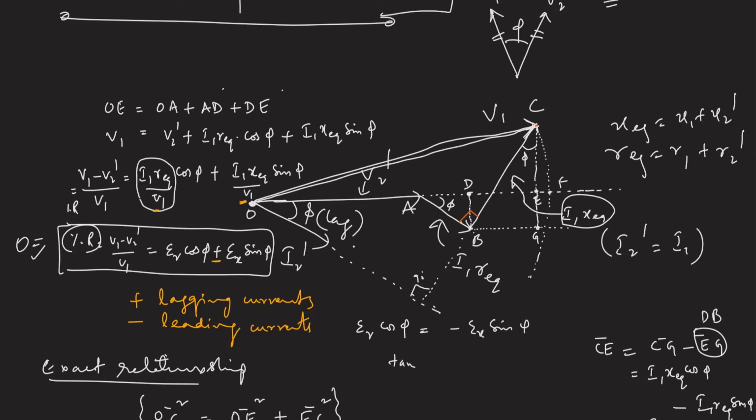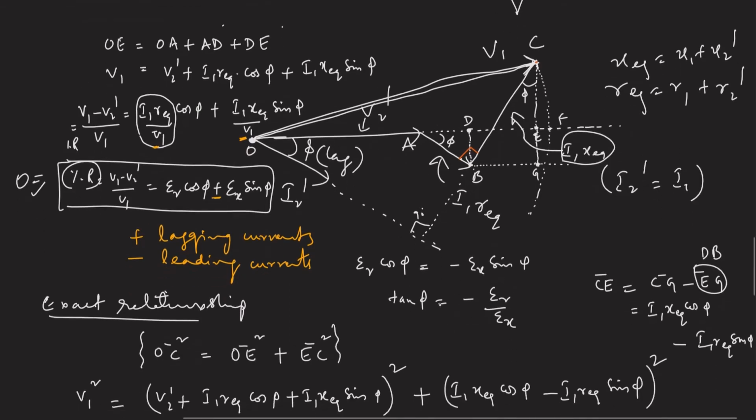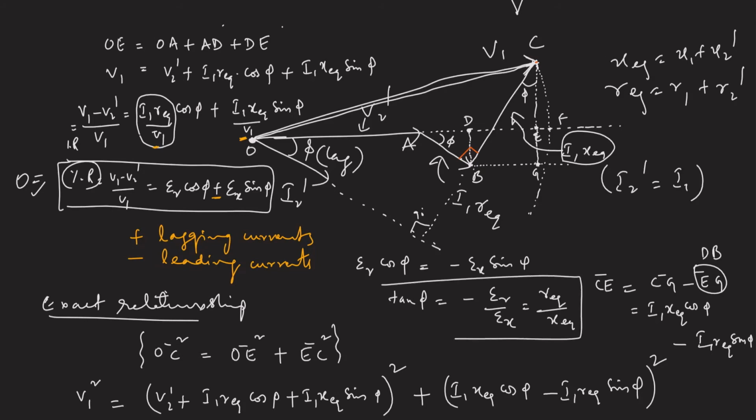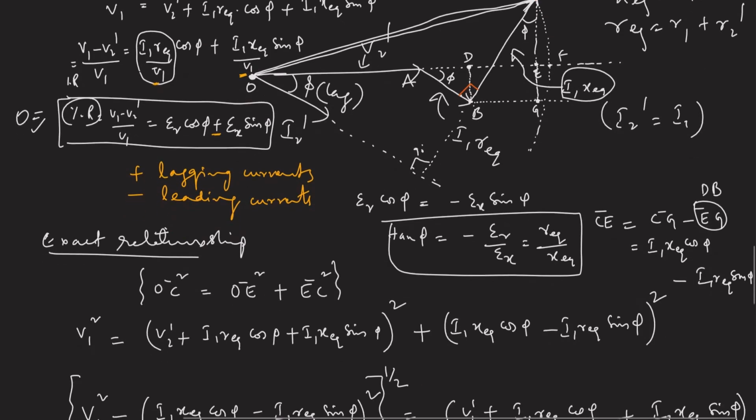So I can write tan phi is equal to minus ER by EX, or otherwise this is R equivalent by X equivalent, since I and V cancel. So this is the condition at which the regulation becomes zero. From this you can find out the corresponding power factor angle, cos phi. And this minus sign indicates this is a leading power factor angle.